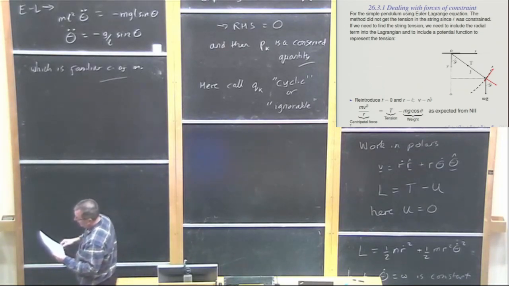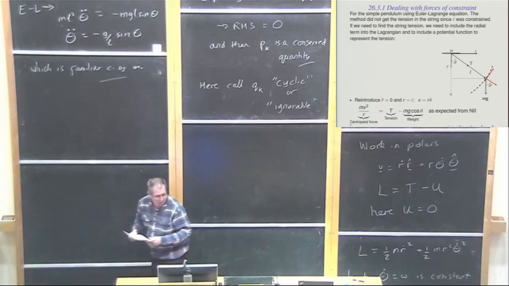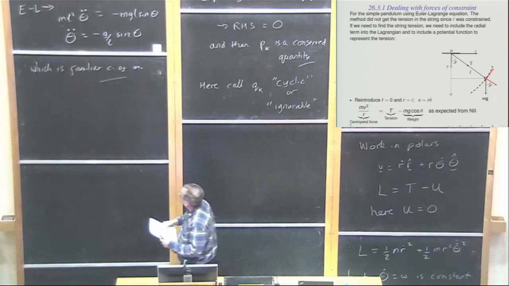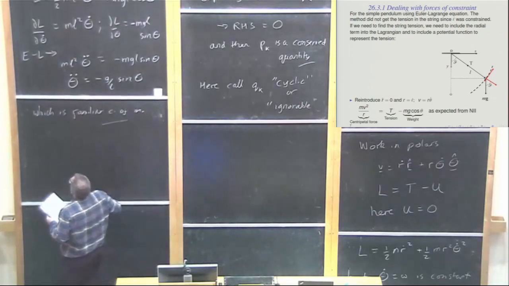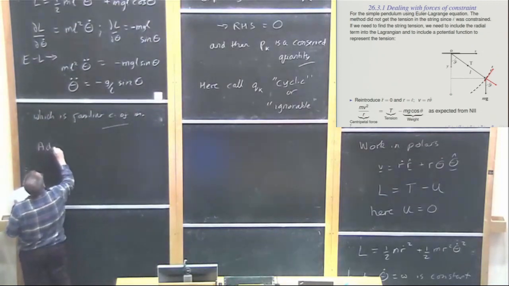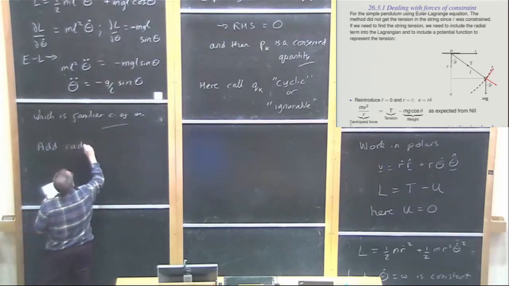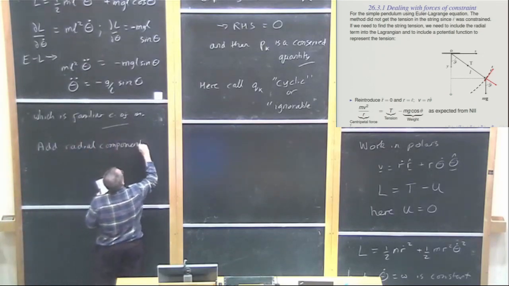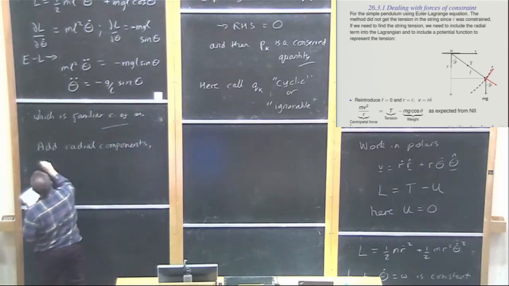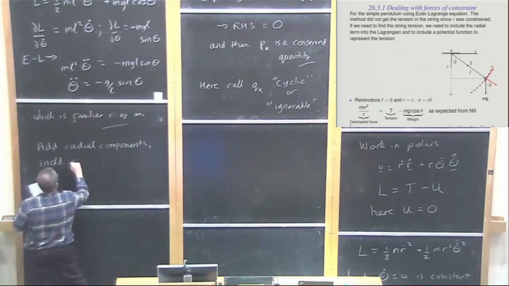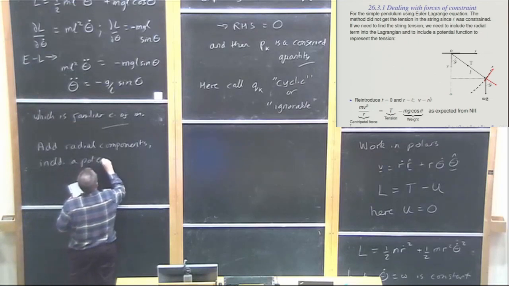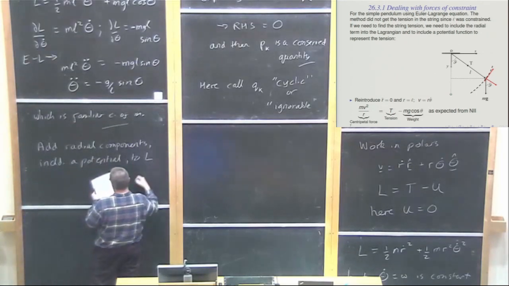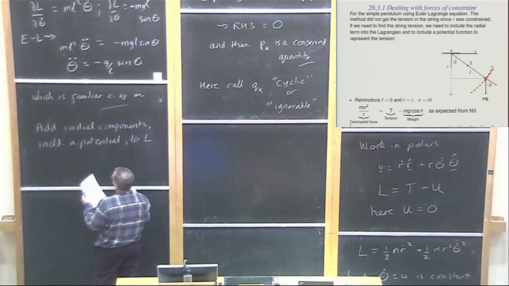So we want to add radial components, including a potential, to the Lagrangian.